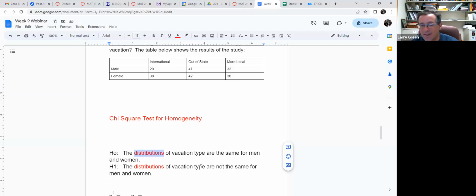We don't know either of them, and we want to find out, are they the same as each other? H1 is the distributions of vacation type are not the same for men and women. Any questions on H0 and H1? And again, you need to refer to the distributions for H0 and H1.